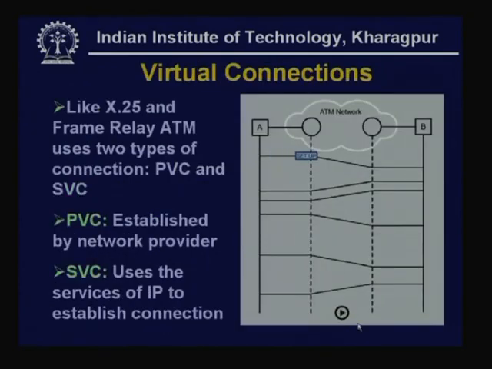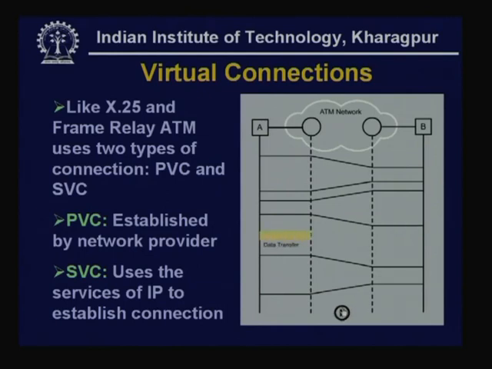A setup packet goes from one side to the other side, then the call processing message comes to this end, and then the connect signal comes to one end, and then connect acknowledge signal goes to the other end. With this the connection is established, and VCI and VPI are all defined, and then data transfer can take place.